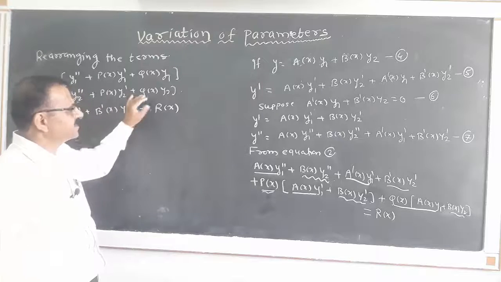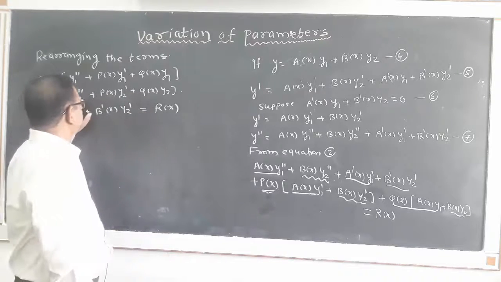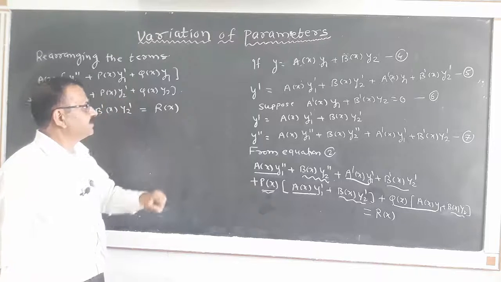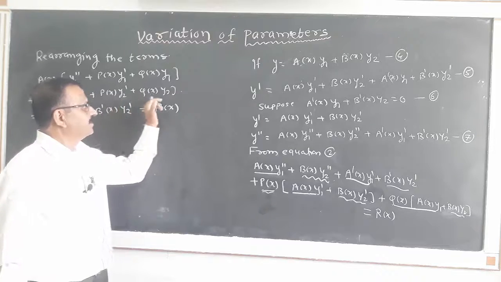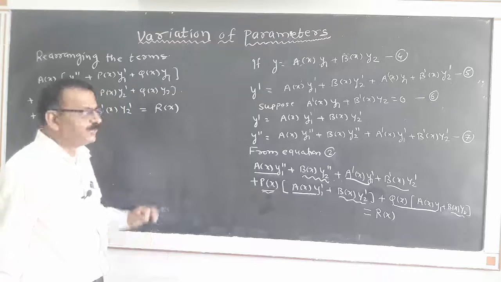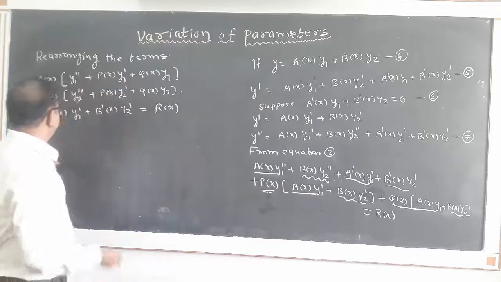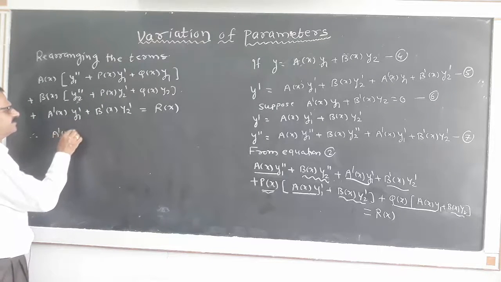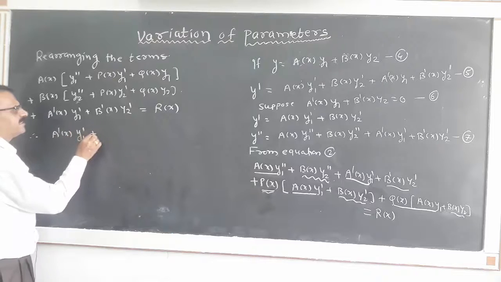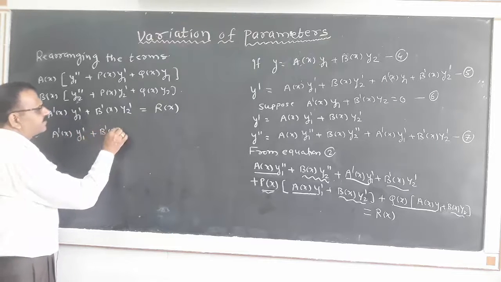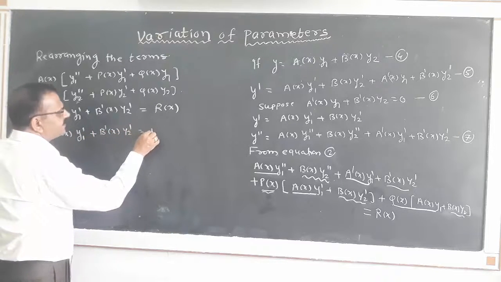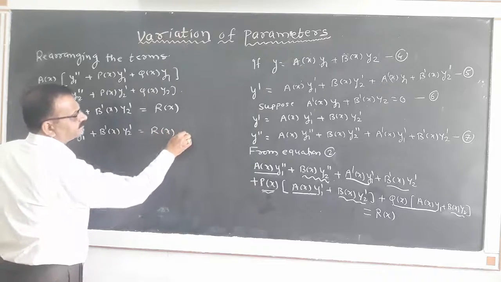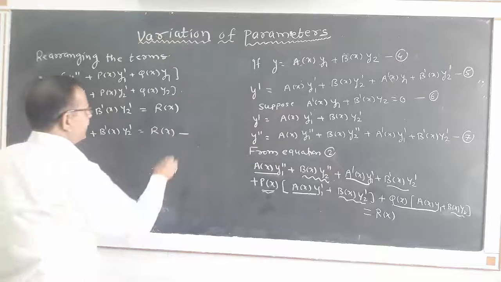Similarly, y2 is also a solution, therefore y2 double dash plus p(x) y2 dash plus q(x) y2 is also 0. Therefore, these two terms vanish and there remains only a dash(x) y1 dash plus b dash(x) y2 dash equal to r(x). This is equation number 8.